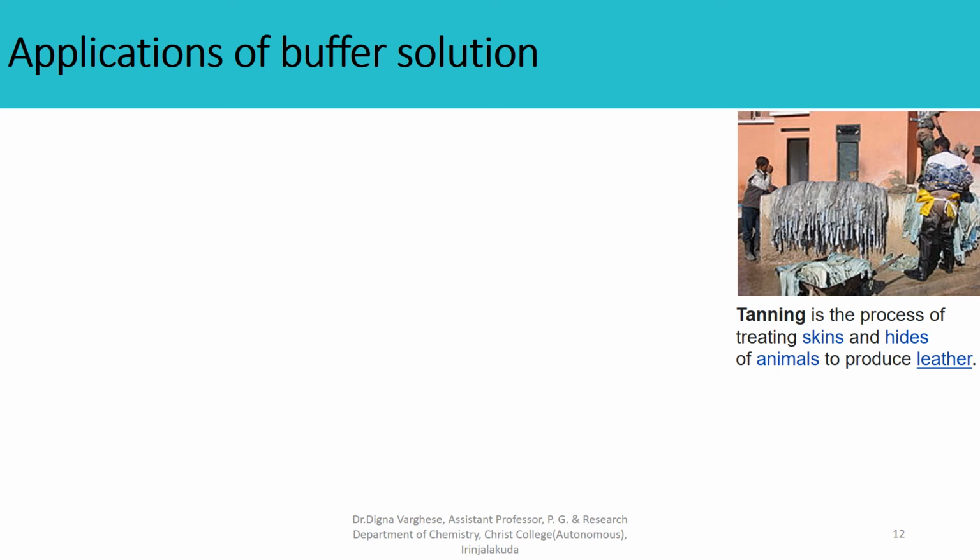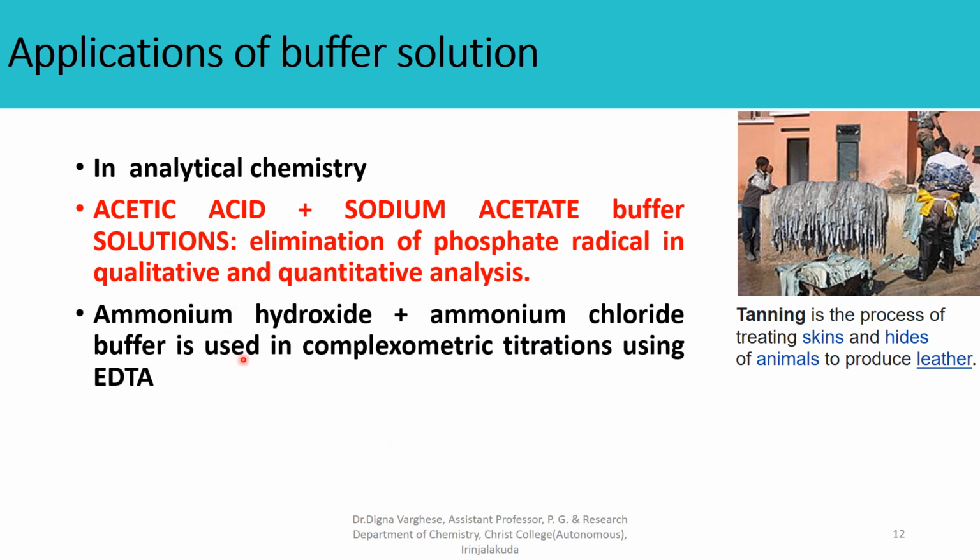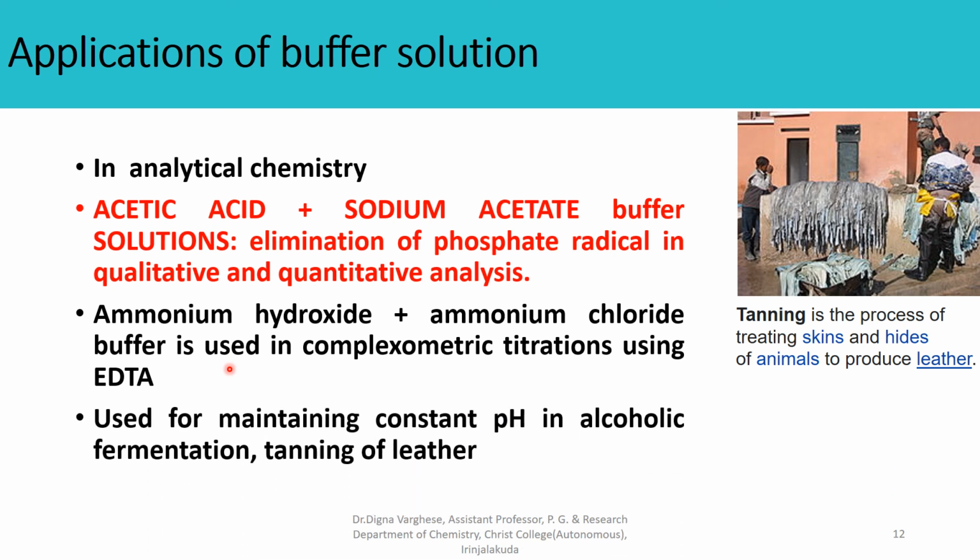Applications of buffer solution. In analytical chemistry, acetic acid sodium acetate buffer solutions are used for the elimination of phosphate radical in qualitative and quantitative analysis. Ammonium hydroxide and ammonium chloride buffer solution is used in complexometric titrations using EDTA, and for maintaining constant pH in alcoholic fermentation.